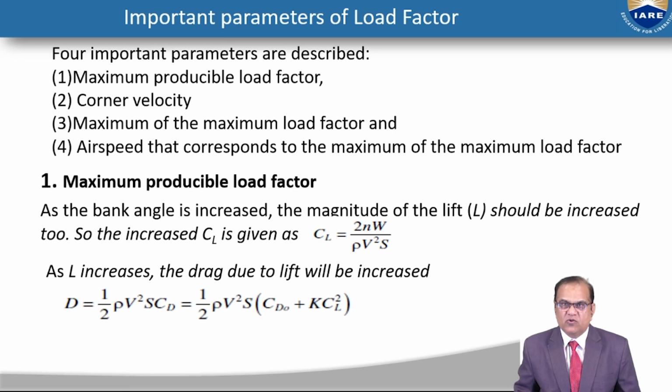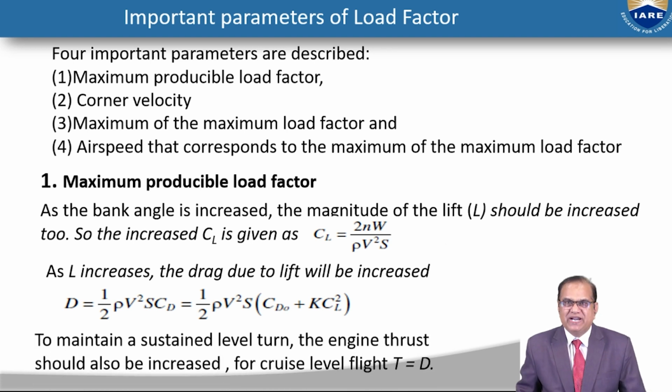Drag is equal to half rho V square S CD, that is half rho V square S (CD naught plus K CL square). To maintain a level turn, the engine thrust should also be increased.